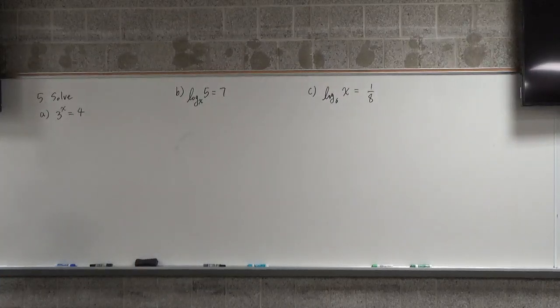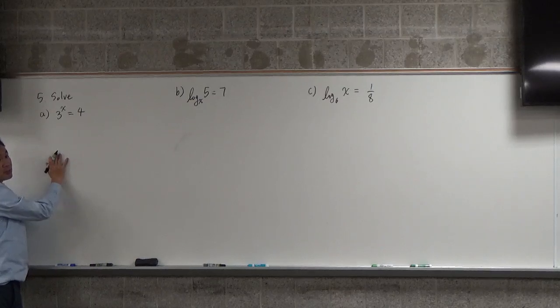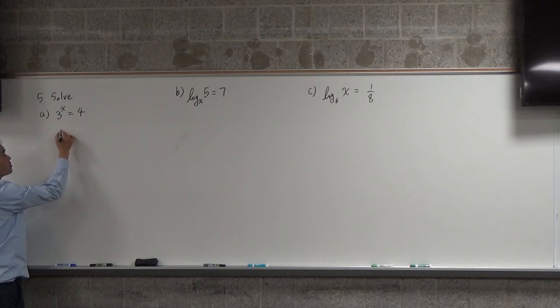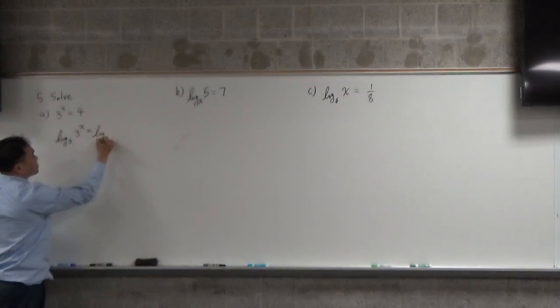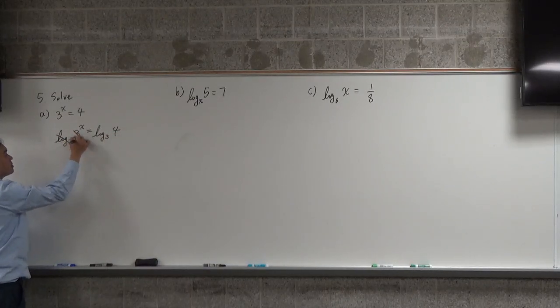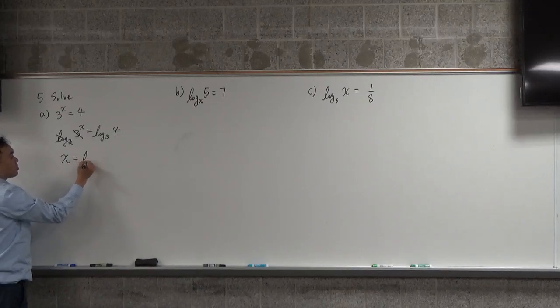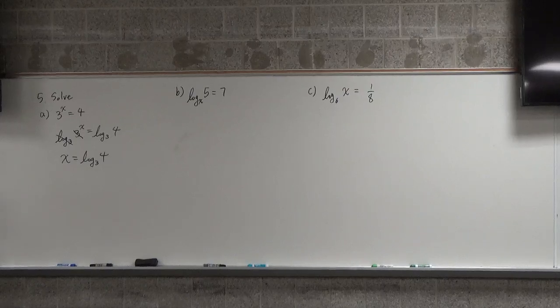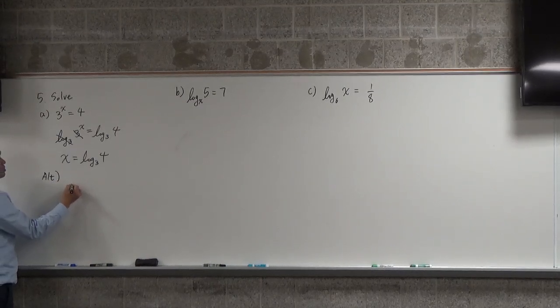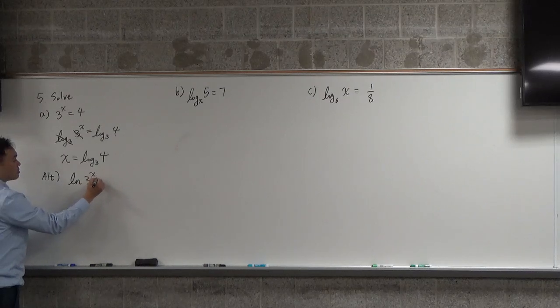Okay, so let's try these. First of all, how would you solve this? And you get x equals to log base 3 of 4. Okay, that's the answer. Now there's an alternative solution, which is instead of taking base 3, you can also take ln both sides.